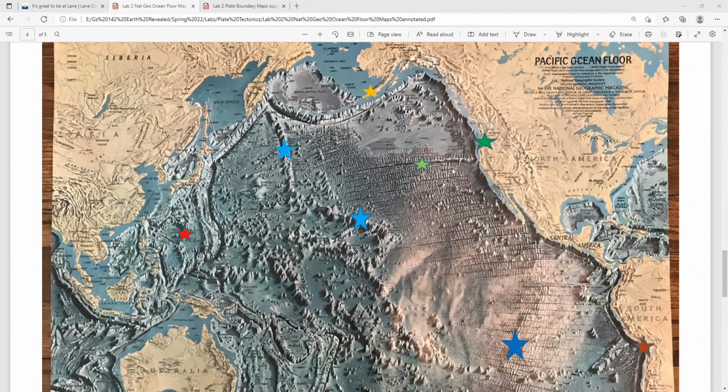See, but there's no active divergence anymore. All of this is just moving this direction, north. And then there's the Juan de Fuca plate, just a little tiny one here. So hopefully you can get the answer to that one okay.